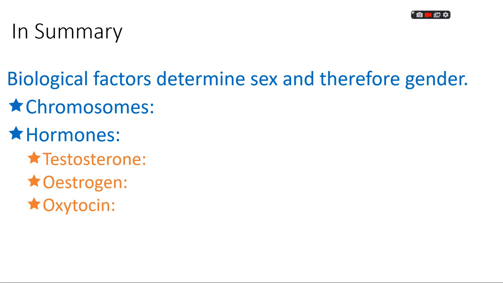So, just to sum up, the biological approach makes a claim that our sex determines our gender identity. Because of the differences in our chromosomes, so XY for males and XX for females, that has an impact on the hormones that we experience prenatally and postnatally. And it's these levels of hormones that are thought to direct our gender identity and behaviour.